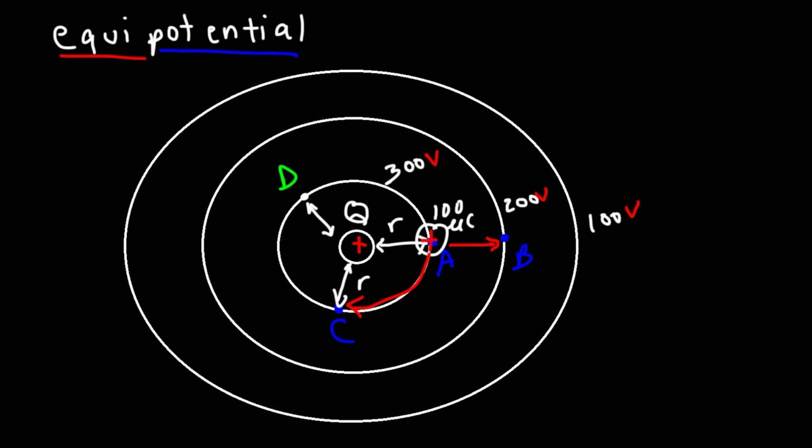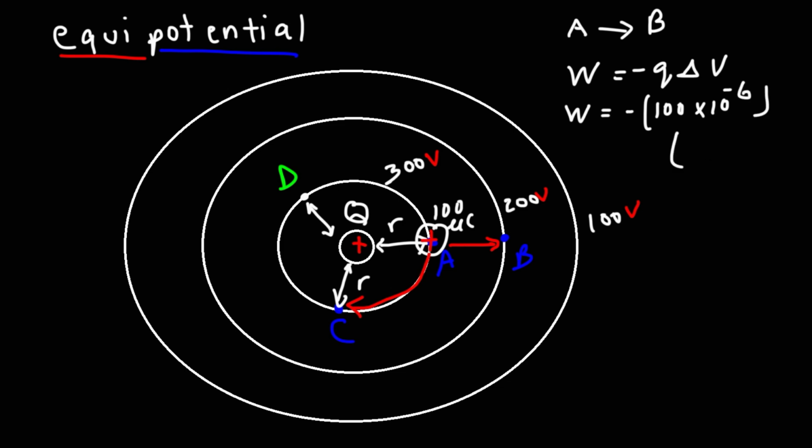So let's start from point A to point B. To calculate the work, we could use this formula. It's negative Q delta V. So we have a 100 microcoulomb charge, and it's being accelerated through a potential difference of 100. We're going from a high potential to a low potential, so the change in potential is negative. It's 200 minus 300, which is negative 100.